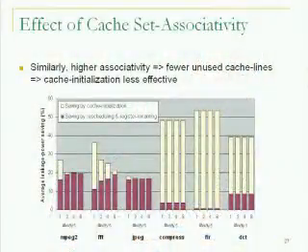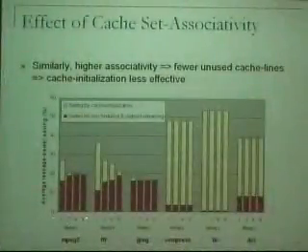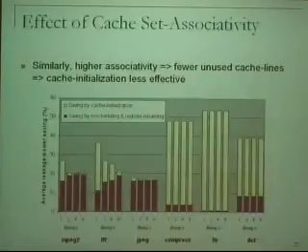The same holds for cache associativity. At higher associativities, again, you get better usage of the available cache capacity. So in the case of MPEG, going from direct map to 8-way cache, the number of unused cache lines becomes 0, so you get basically only techniques 1 and 2 to reduce leakage.